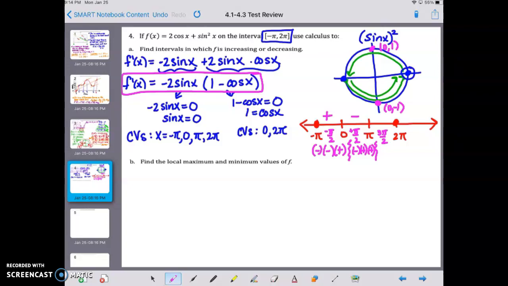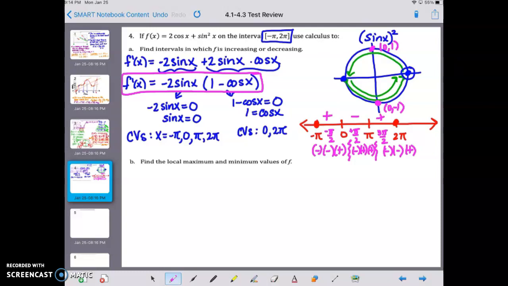And then finally, 3 pi over 2 is our last test point. The sine of 3 pi over 2, once again, is negative 1. So I end up with negative 2 times negative 1, and then 1 minus the cosine of 3 pi over 2 is just 1 minus 0 again, which is times a positive. Two negatives times a positive are going to make this region positive.